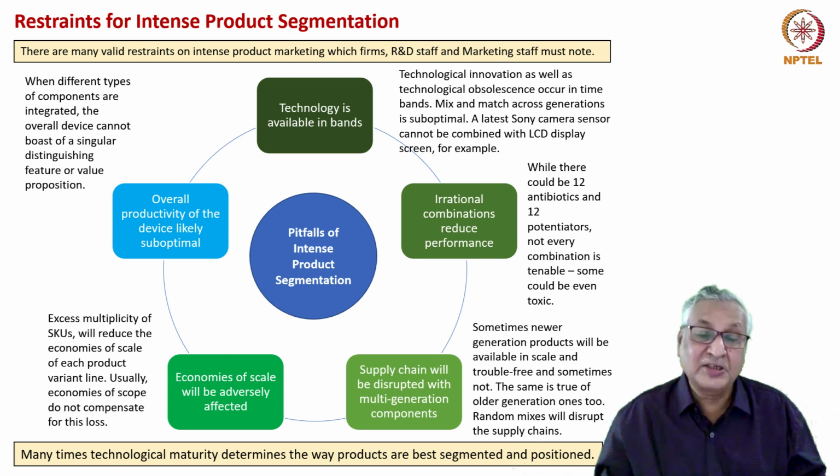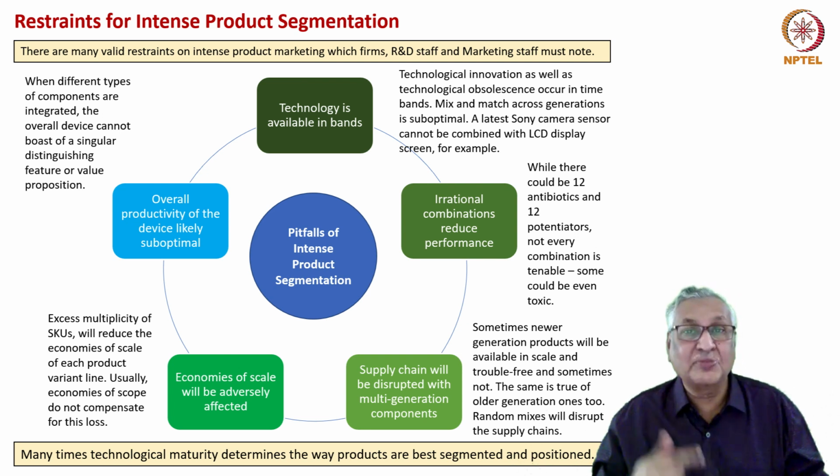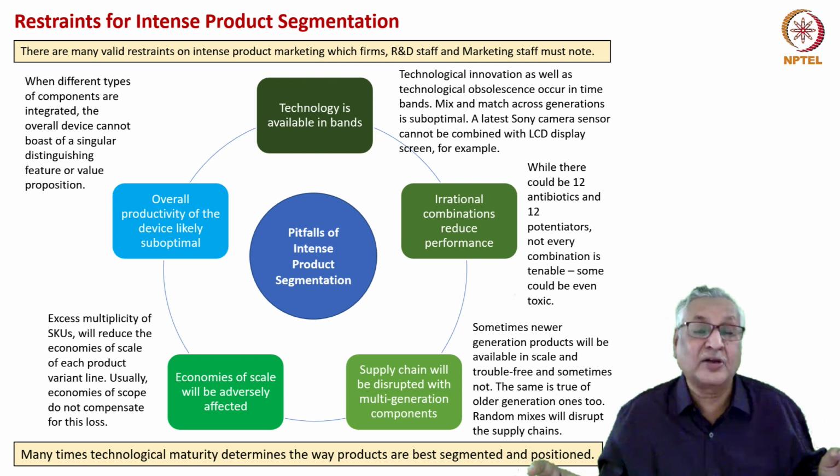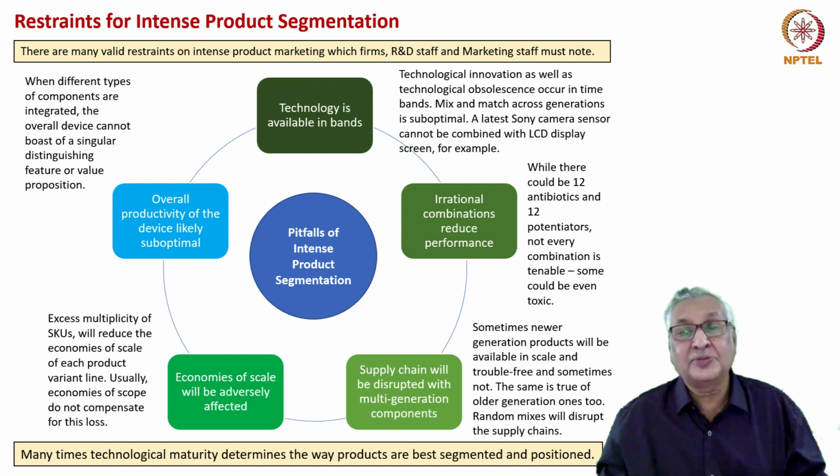Then the other point is that economies of scale will be adversely affected. Excess multiplicity of SKUs will reduce the economics of sale of each product variant line. Usually, economies of scope, which may happen because you have the larger variety, will not compensate for the loss of economies of scale and sale. Overall productivity of the device is likely to be suboptimal.